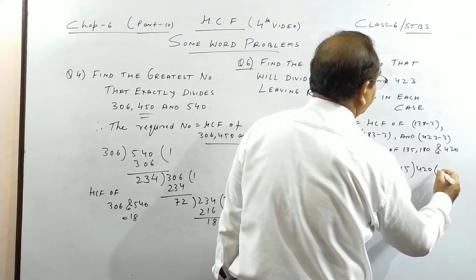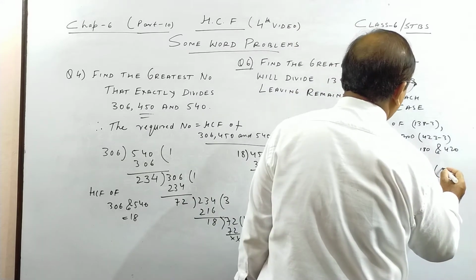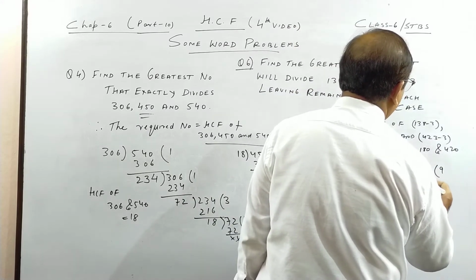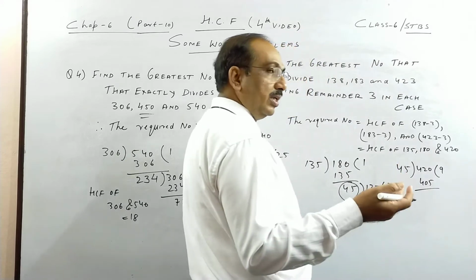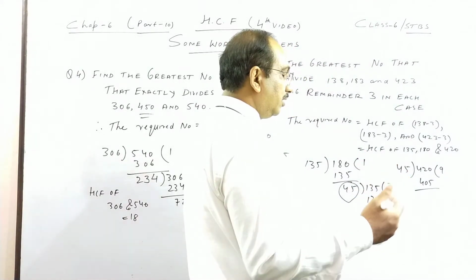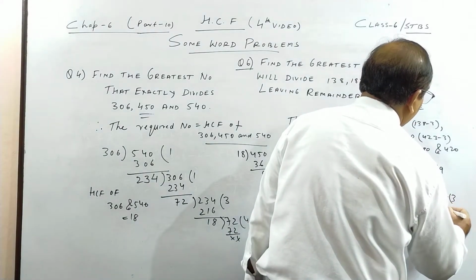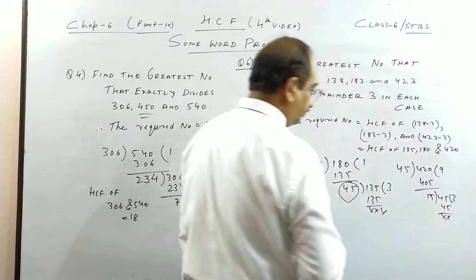So see here, 45 will go 9 times and you will get 405. 45 tens are 450, subtract once. So you will get 15. And 15 in 45 goes 3 times.